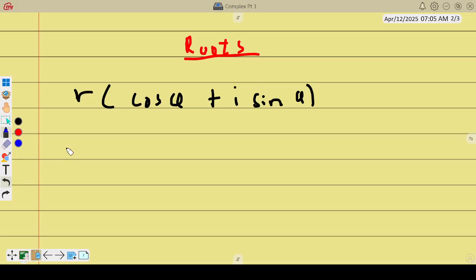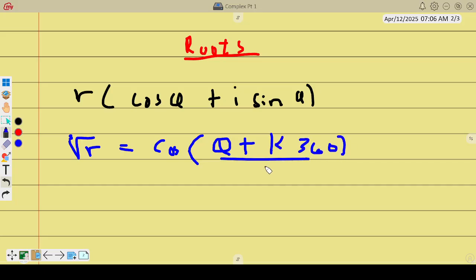So what do I want to say? If we have a root, the root of r is equal to cos, and we open here theta, the theta which we have there, but we add k times 360 over n.